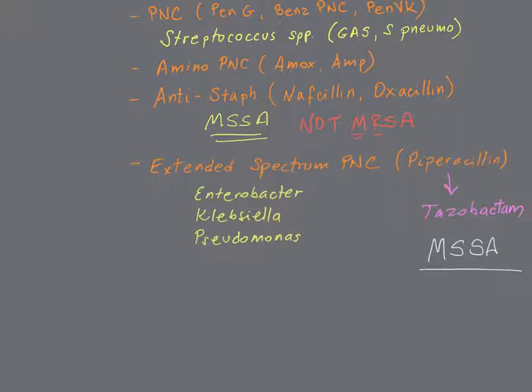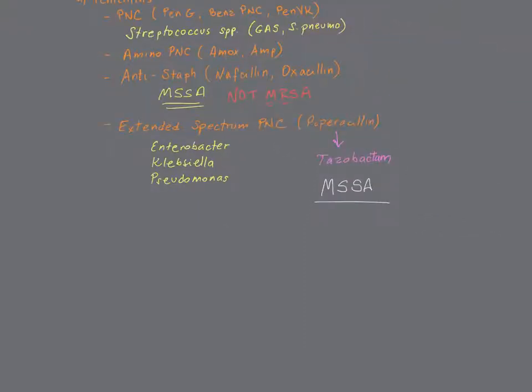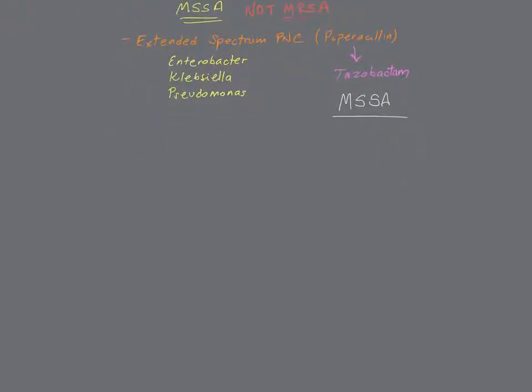I'd like to point out that tazobactam is a beta-lactamase inhibitor, but there are others that can be combined with the previous antibiotics we've discussed, and that includes clavulanic acid and sulbactam. Those compounds are beta-lactamase inhibitors and overcome some mechanisms of resistance of the bacteria against beta-lactams.